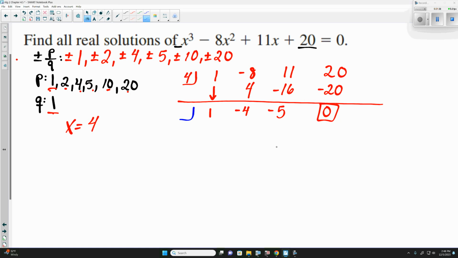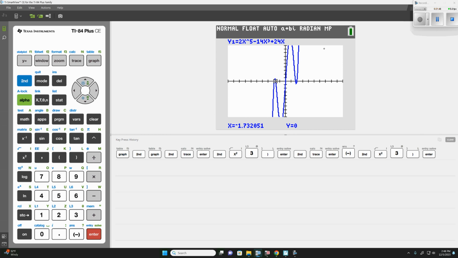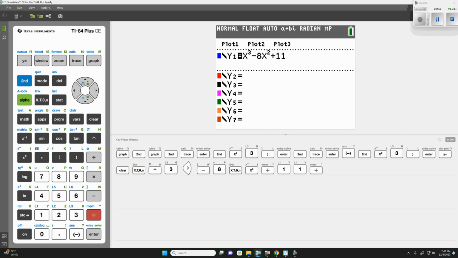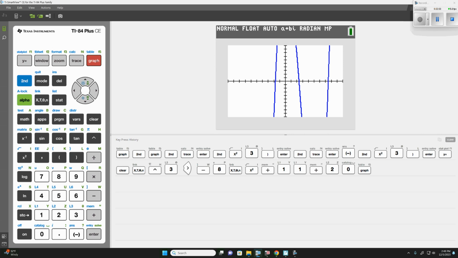Now, what I could also have done is taken this here, x cubed minus 8x squared plus 11x plus 20, and graphed it after we did this here. X cubed minus 8x squared plus 11x plus 20, and hit graph.